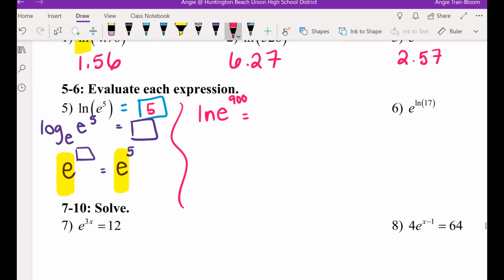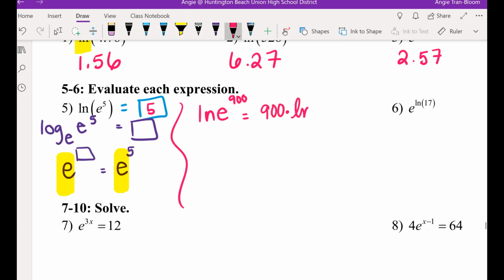What does the rule say? What does the log property say of an exponent of 900? How would you rewrite that? If you have an exponent in a log, what does it become? What do the properties of log say for an exponent? Where does it go? It goes to the front. It becomes a leading coefficient.